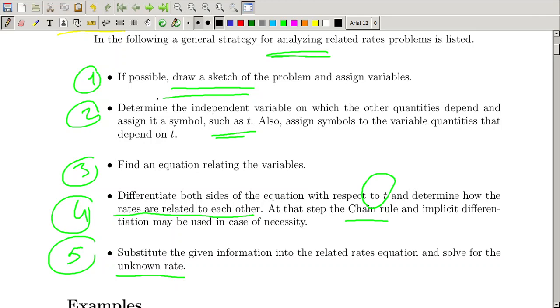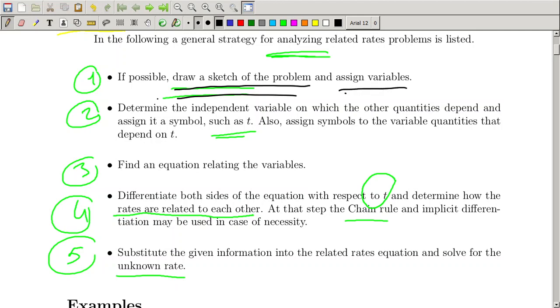What is asked, what is given, what is the input data, and how you can get an equation from this data. If possible, draw a sketch of the problem. This is not possible for all of the problems, but it may be useful if you can, and for some of the problems, it is really necessary to sketch it.